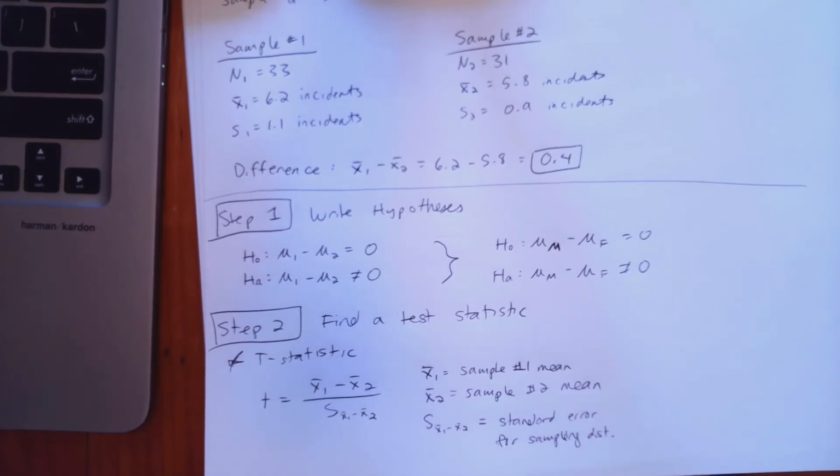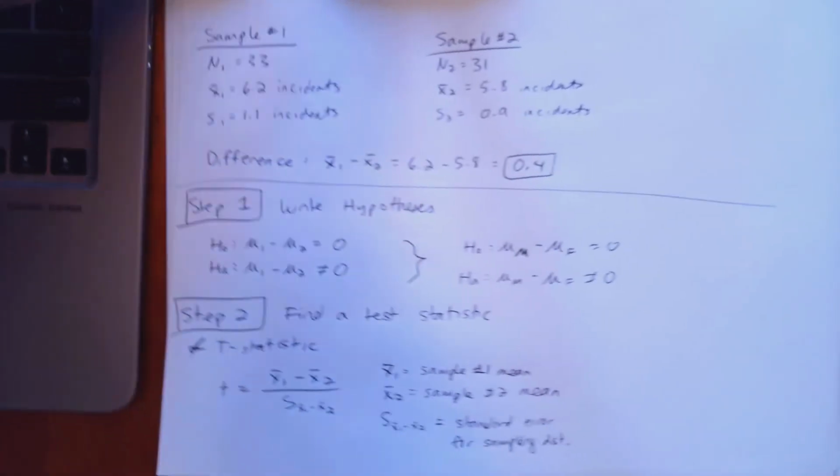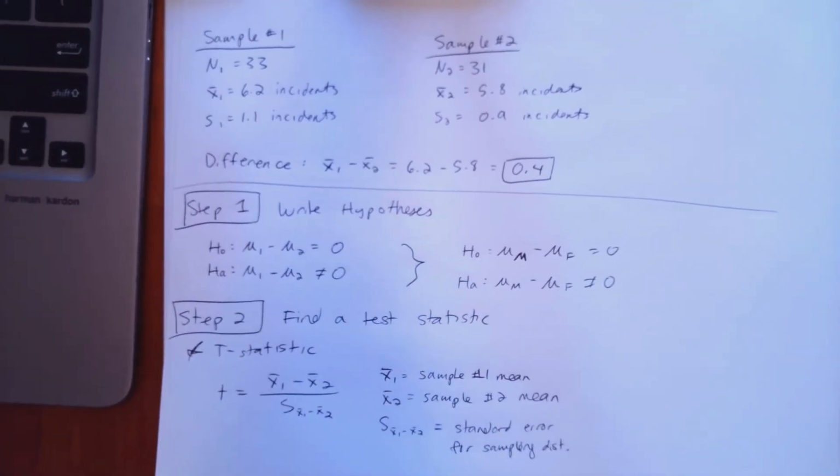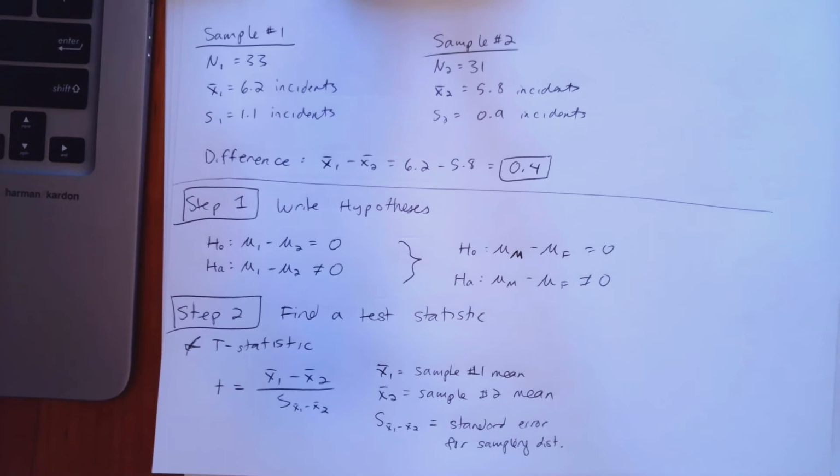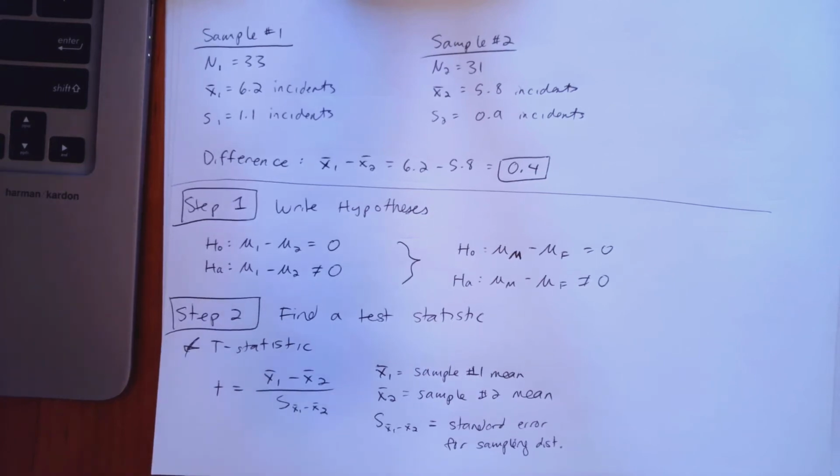And for this particular hypothesis test, the standard error for this sampling distribution is kind of a pain to calculate. So I'm not going to have you do it here. Last week you had to calculate this number that went on the bottom of the t-statistic calculation. This week, you don't have to calculate it, and I'm just going to give it to you.